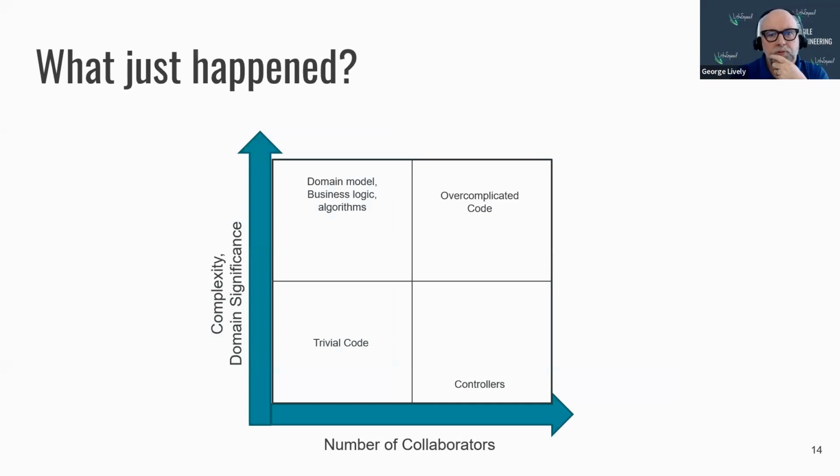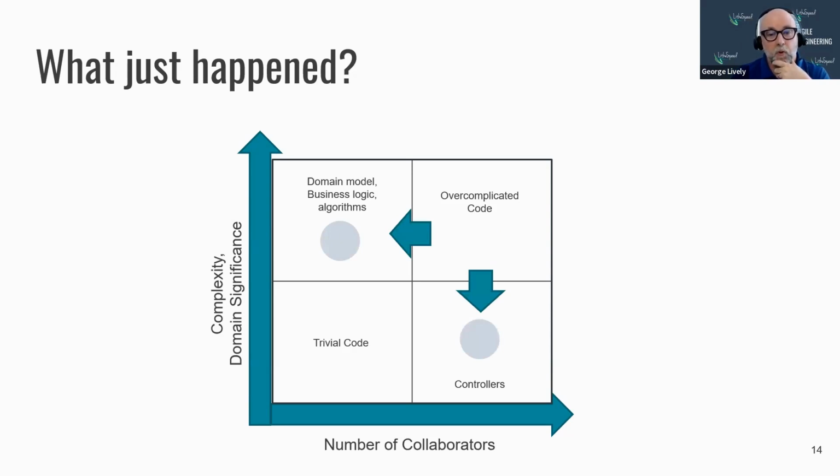So what just happened when we applied the humble object pattern to our code? Well, we started out with overcomplicated code. Likely had some collaborators in there, maybe some controller logic in it, and some business logic. Then we extracted from that overcomplicated code some business logic and that controller logic, potentially, into things that are testable.